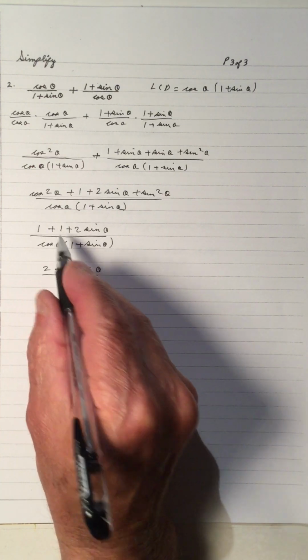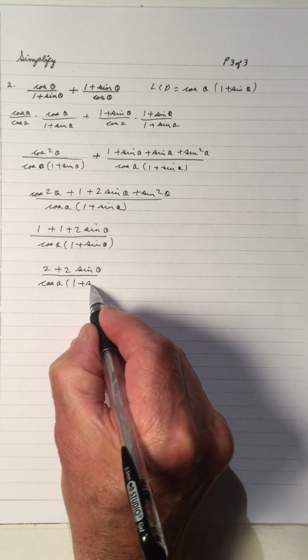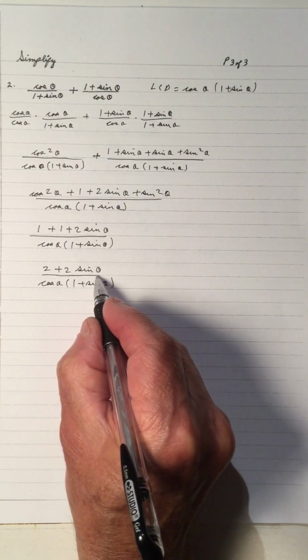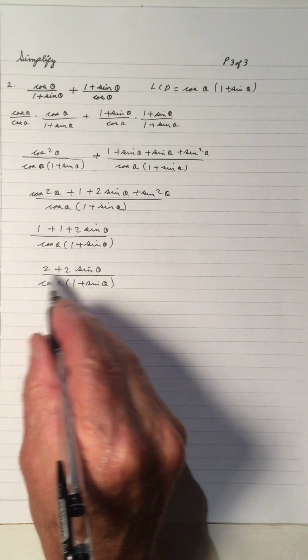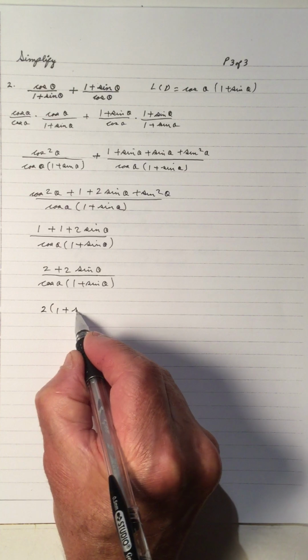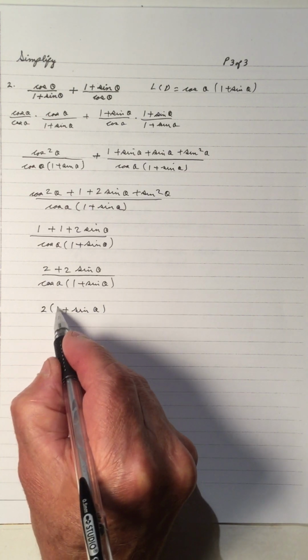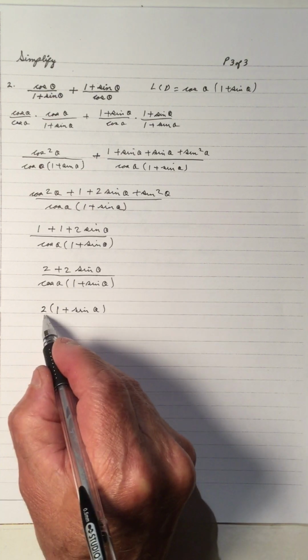We're adding like terms, all over the denominator. And 2 is common to the two of these terms. We factor the 2 out, so we get 1 plus sine theta. 2 divided by 2 is 1. 2 sine divided by 2 is sine.